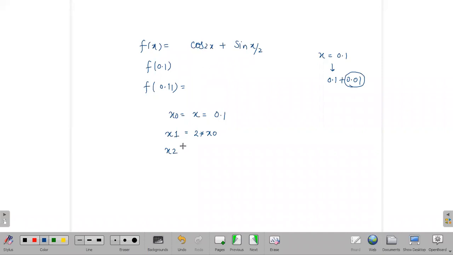So I'm writing the steps of the algorithm here. It will become cos of x1, that will become x2. In the next step, you have to find x by 2, so it will become x naught by 2. Okay. In the next step, you will find sin x by 2, which is sin x3. Now you have found cos 2x and sin x by 2, so in the next step you will find x2 plus x4.